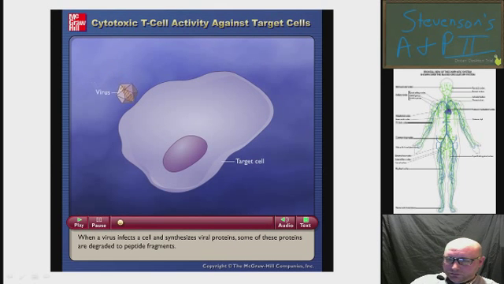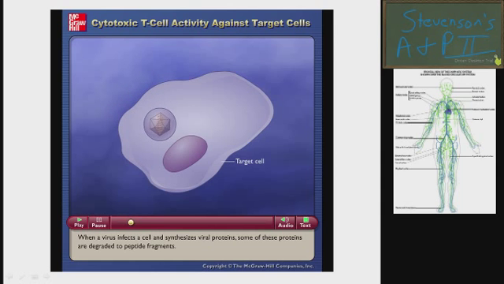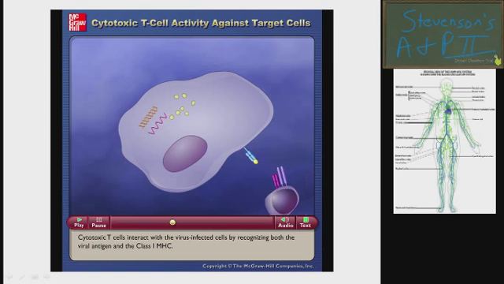When a virus infects a cell and synthesizes viral proteins, some of these proteins are degraded to peptide fragments. These peptide fragments are complexed with class 1 MHCs and displayed on the surface of the infected cell. Cytotoxic T cells interact with the virus-infected cells by recognizing both the viral antigen and the class I MHC.